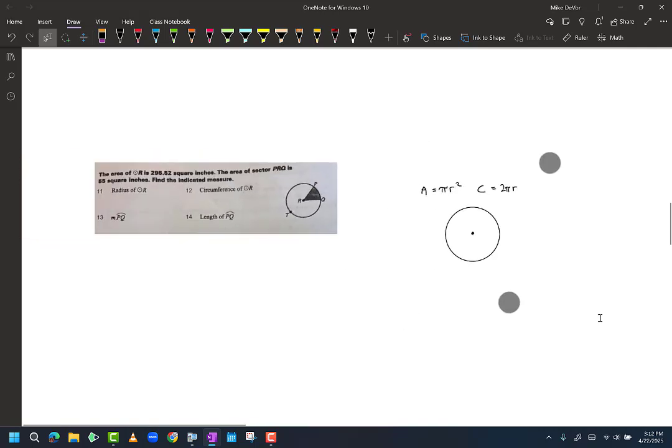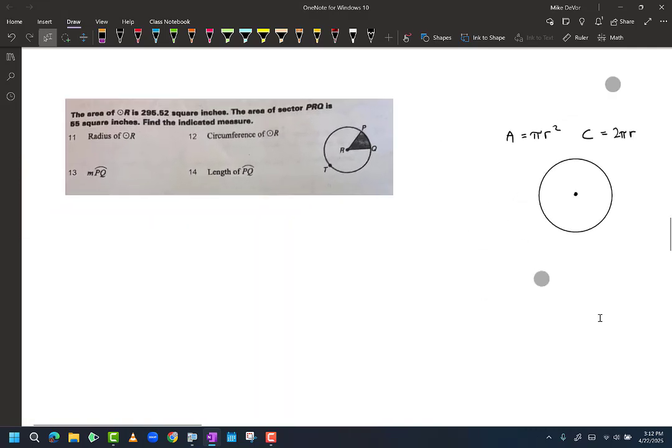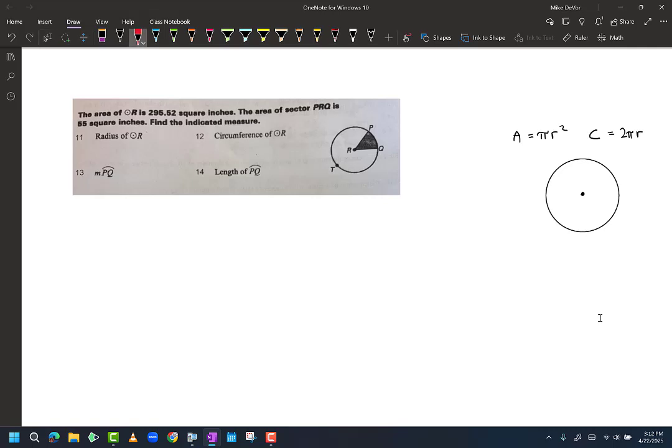Okay. All right, and going to this. Now, the only one that you asked for is this, but really, once you know this, you can find these. So ultimately, let's look at the radius of this. The area of the entire circle is 295.52.